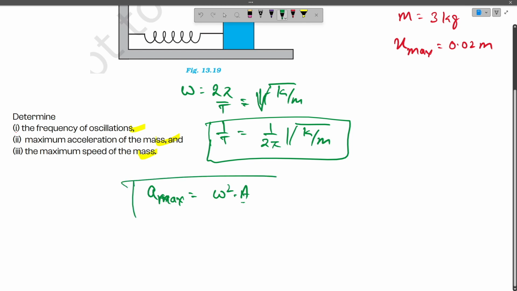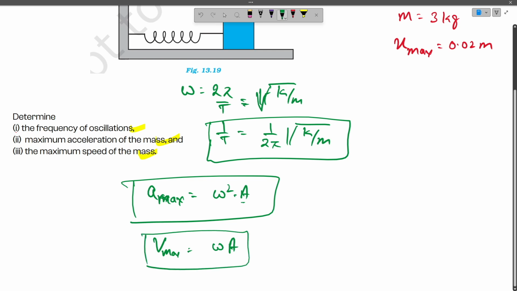So we can calculate the magnitude of maximum acceleration as this. Now the maximum speed V max can be given as omega times A. Upon calculation of omega we can calculate this value as well. Now the first thing that we have to calculate over here is omega.